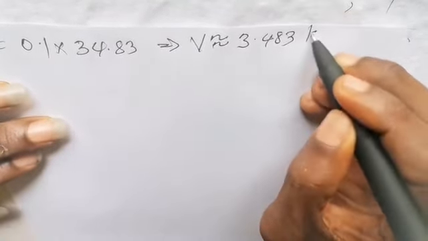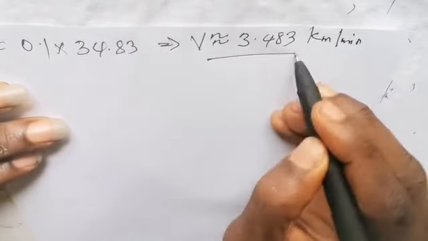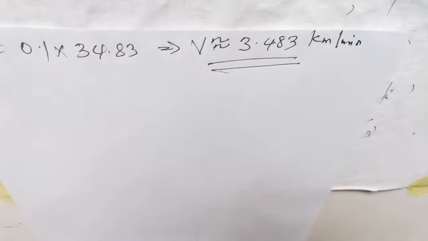Remember the unit remains kilometer per minute, as we were asked not to convert. This is the value of the velocity, solved using the trapezoidal rule.